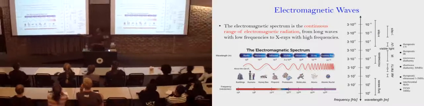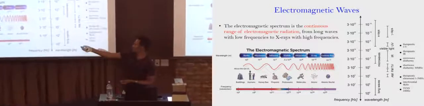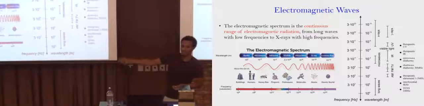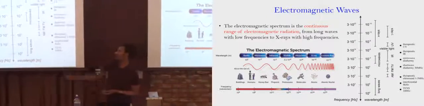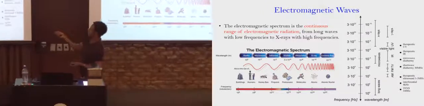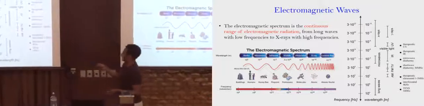Then there are microwave, infrared, visible, ultraviolet, X-ray, and gamma ray, which is the highest frequency and lowest amplitude wave. As an example, ultrasound can be used for therapeutic purposes.